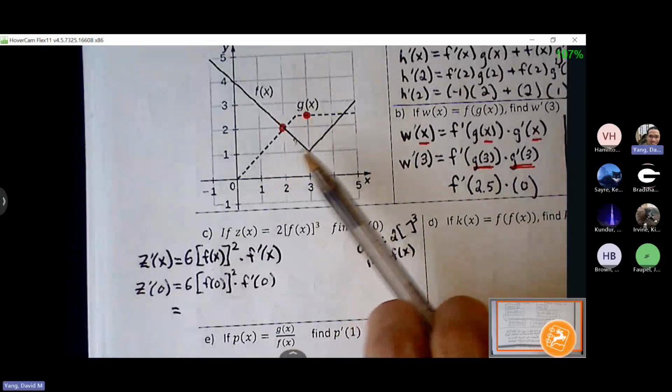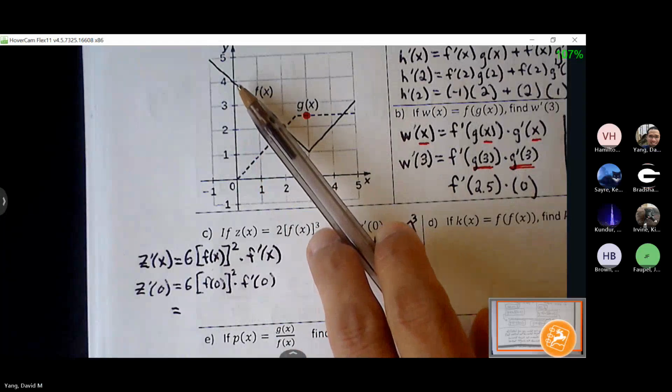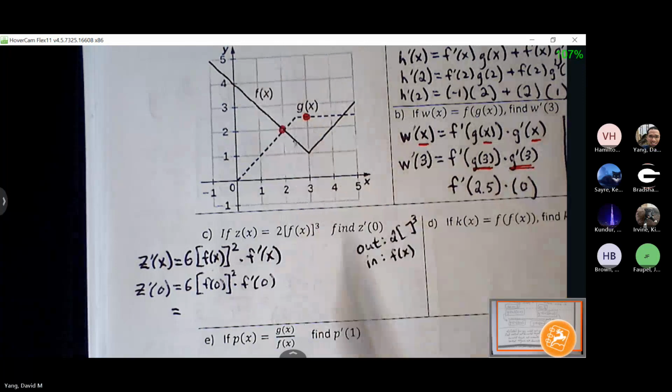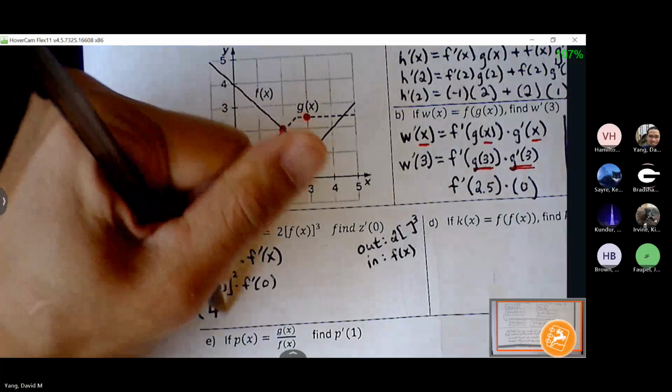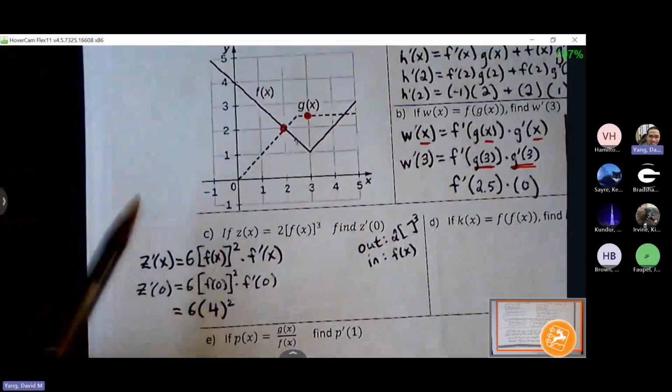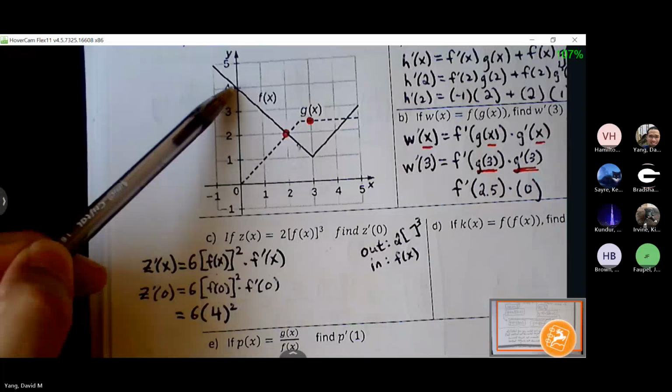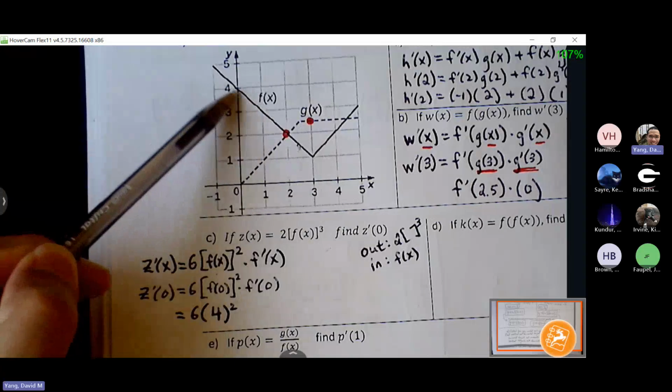What's f of 0 equal to? 4, right? Okay, what's f prime of 0? Slope is -1, right?